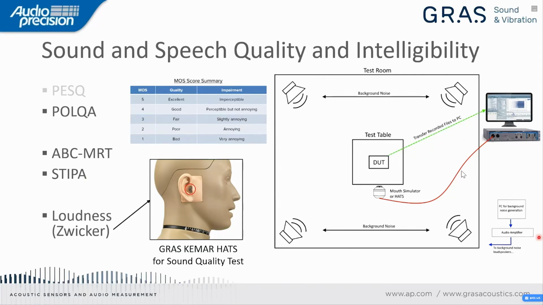A test setup example for a measurement like this is shown here on the right. We are not going to describe this type of setup now, but you're welcome to contact me if you're interested in exploring a solution like this one.